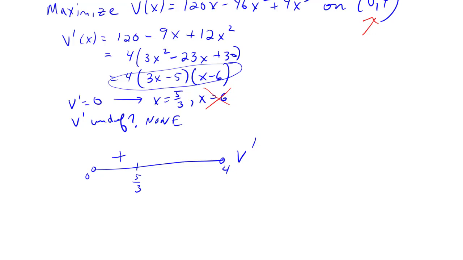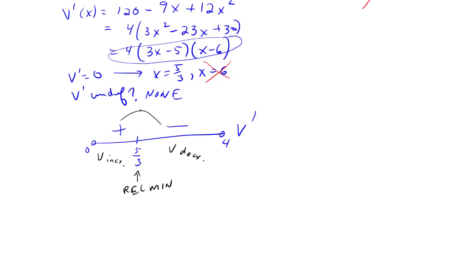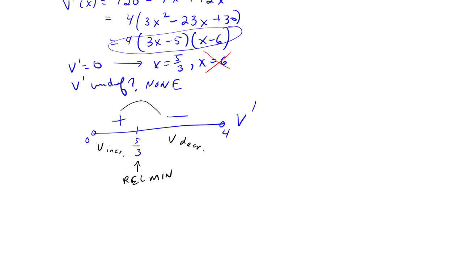If I put in, say, 3, I'd get positive times negative, I get negative, meaning that V was increasing here, V is decreasing there, and I top out there, giving me a relative max here at 5/3. And again, because it was increasing all the time before and decreasing all the time after, this is a max, not a min, an absolute max.